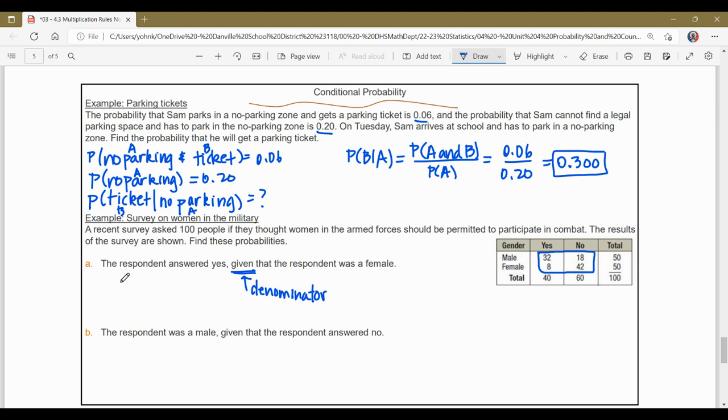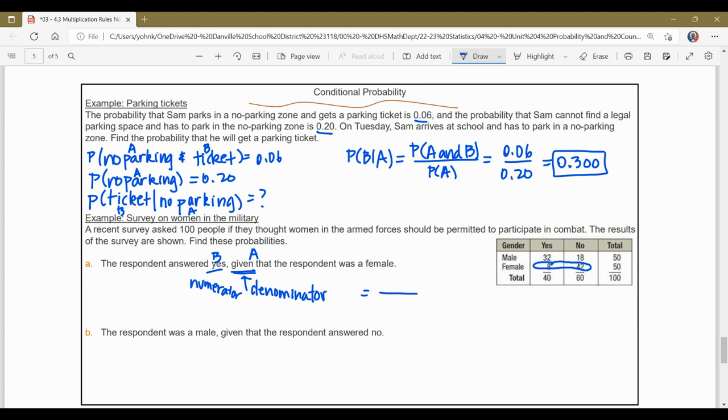That's kind of like your A. And then the respondent answering yes, that goes in the numerator, and that's like your B. So here you have B given A. So when I go to do my probability, on the bottom, I'm going to put all the females.